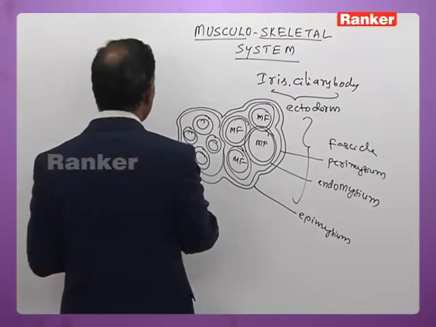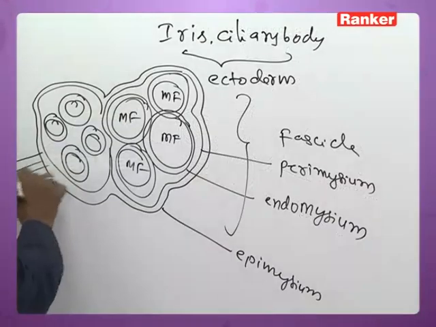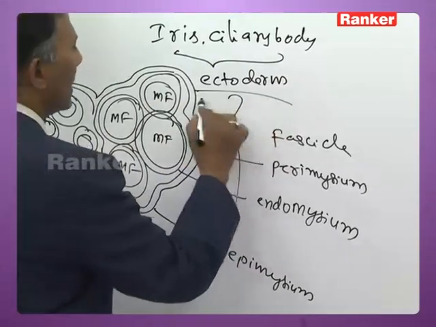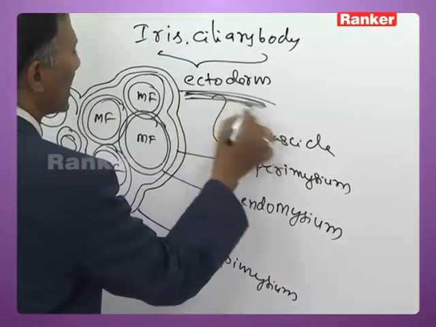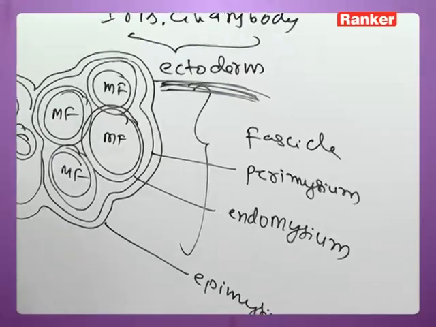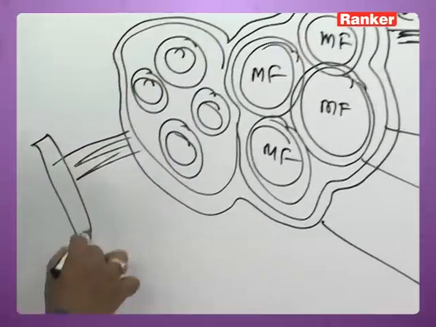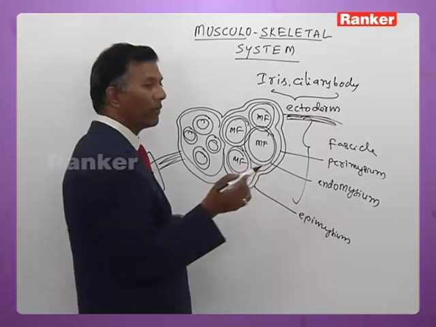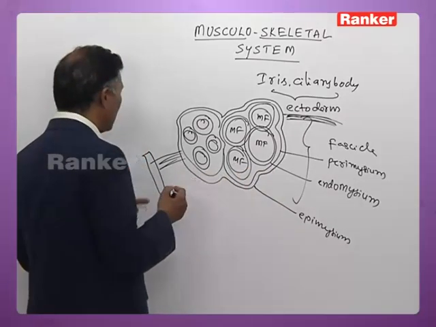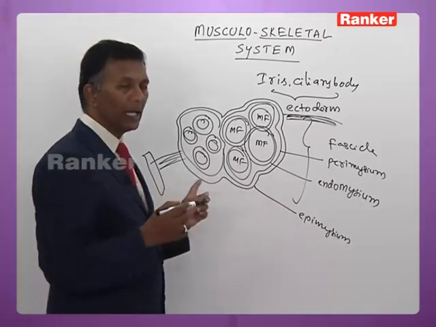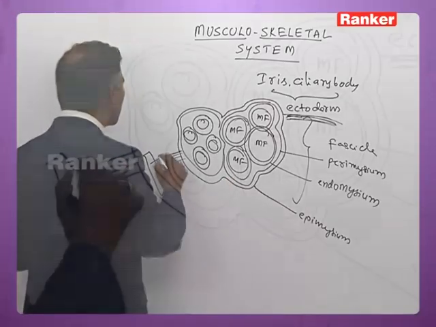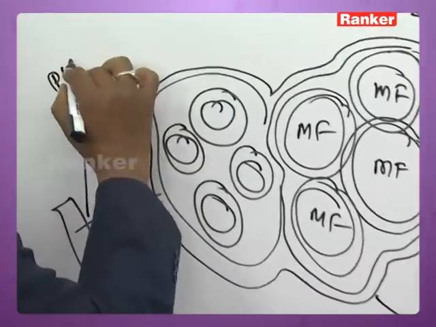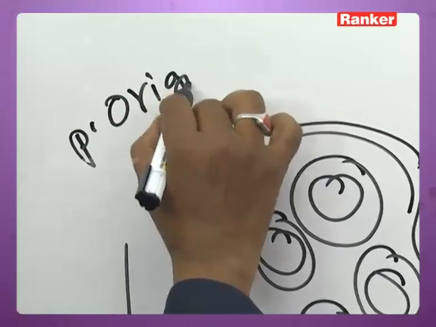Then it extends into the muscle from one side and comes out of the muscle from the other side like this. At one end it is attached to the bone. At the other end also you may find a bone. The bone which remains stationary is called point of origin. This is point of origin.